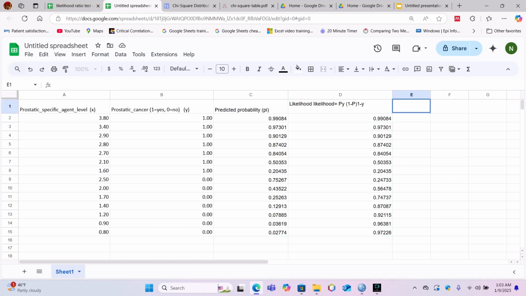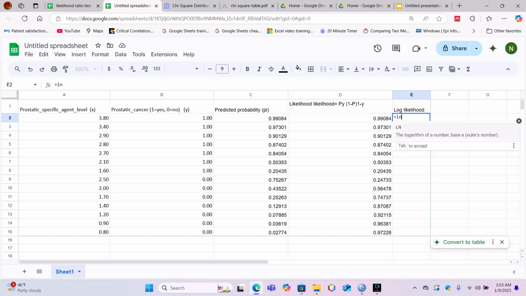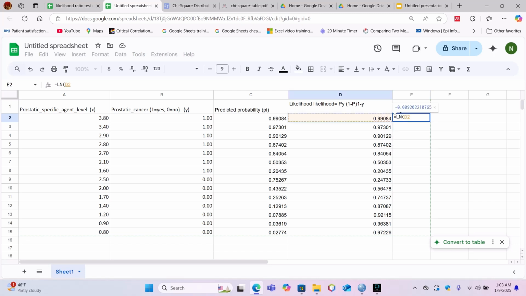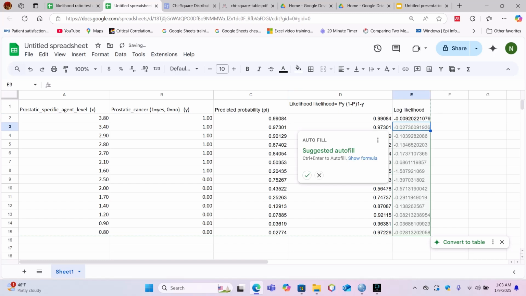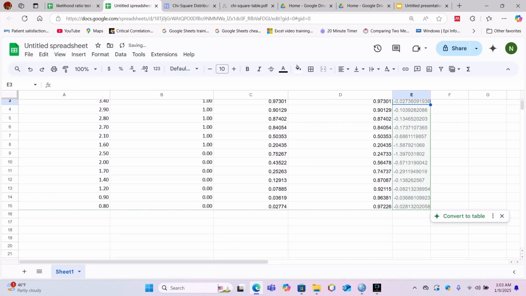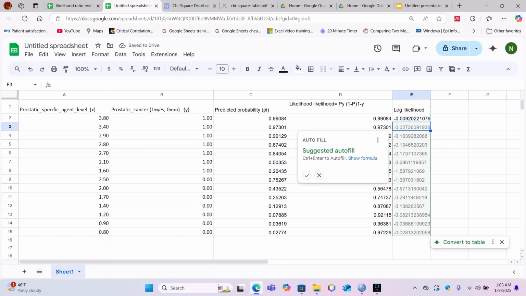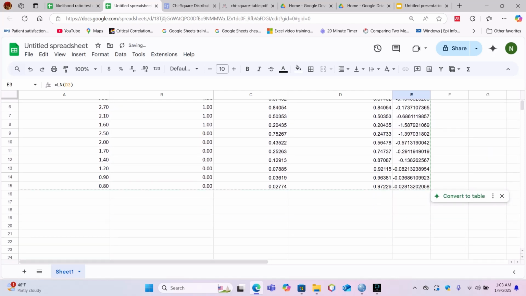Next we will calculate the log likelihood. For this we will take the natural logarithm of the likelihood.